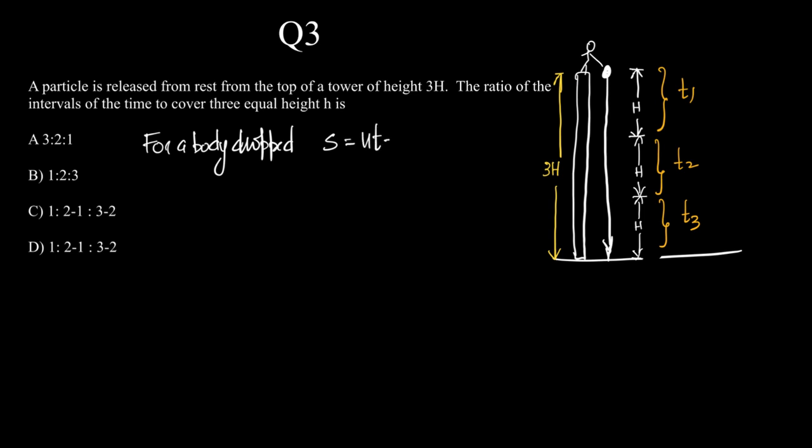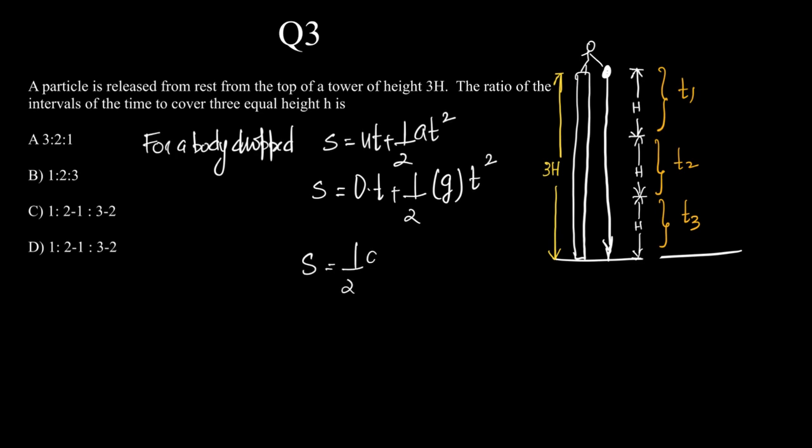S is equal to ut plus half at square. Since it is dropped, u is 0. So this is 0 into t plus half into, what is a here? a will be g. So S is basically equal to half gt square, or we can write this equation as t is equal to root of 2s by g.